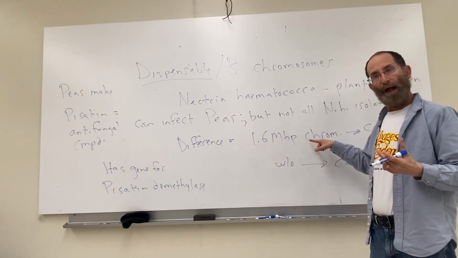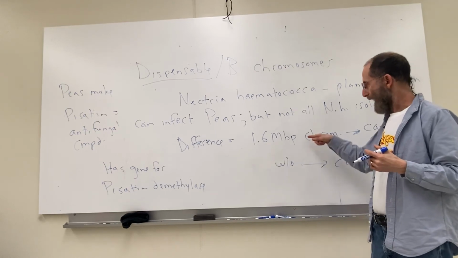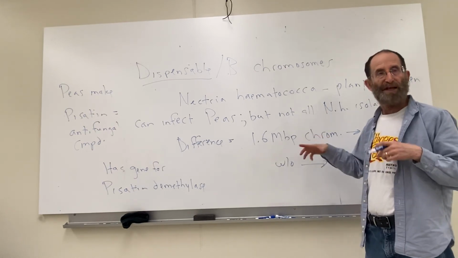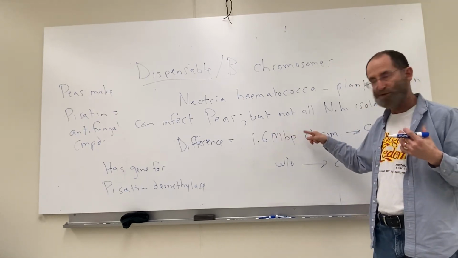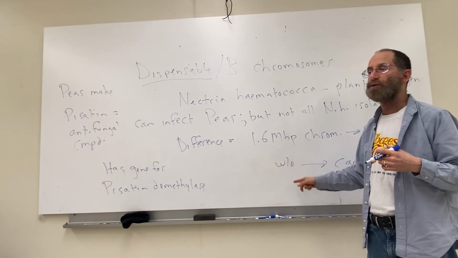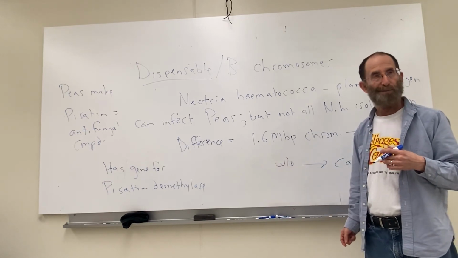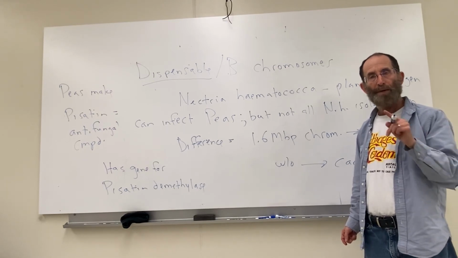And the only thing that will happen is you won't be able to infect peas. So if you have it, that's an added bonus because then that's an extra host species that you're able to infect. But you can get rid of it, it's dispensable. Okay, any questions?